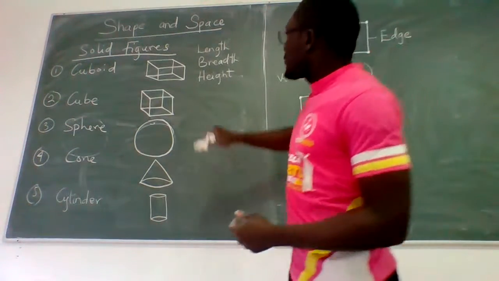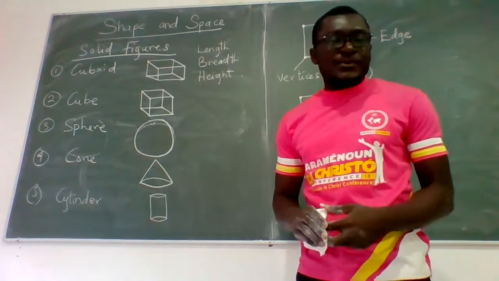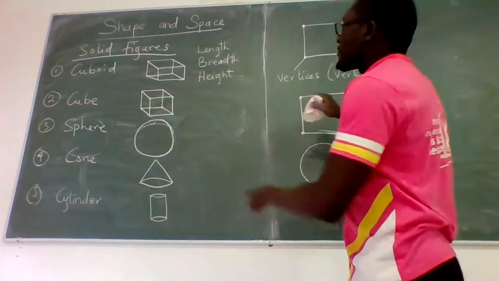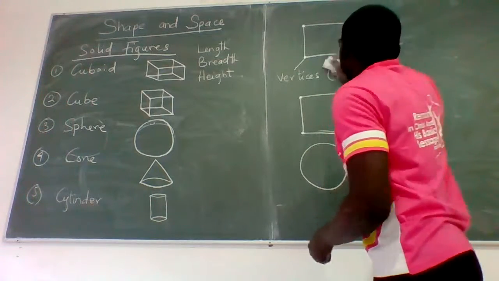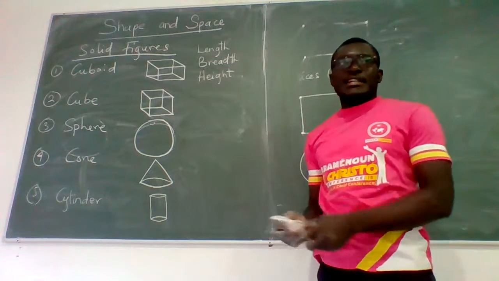Now, I would like to talk about one thing that usually confuses students when it comes to these solid figures, and it has to do with the difference between a pyramid and a prism.